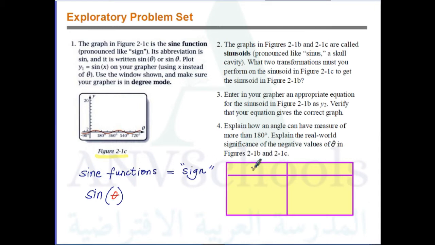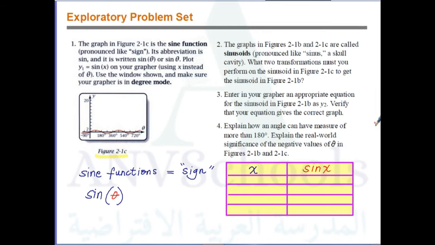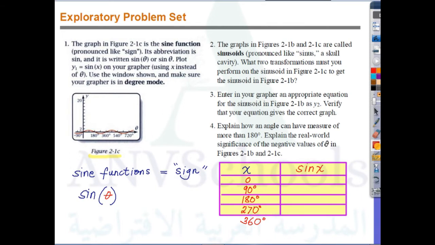If this is your x and this is your sine of x, well, x is an angle, so we have to write x in terms of angle. So let's say I am going to choose 0, then 90 degrees, then 180 degrees, then 270 degrees, and then 360 degrees here.